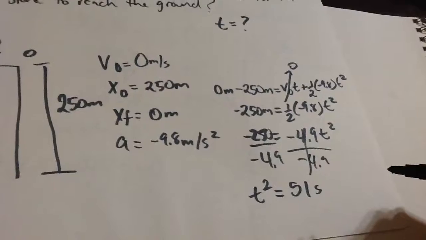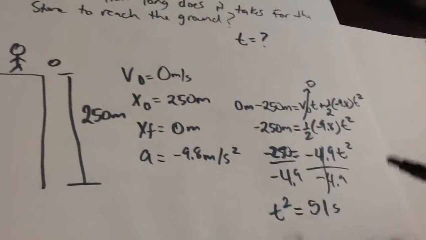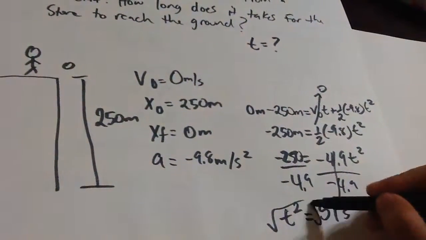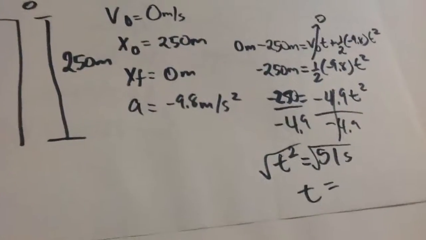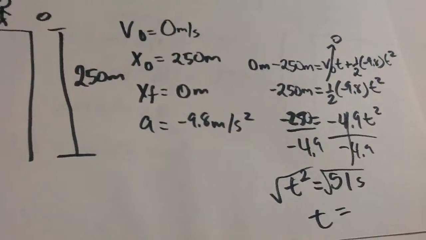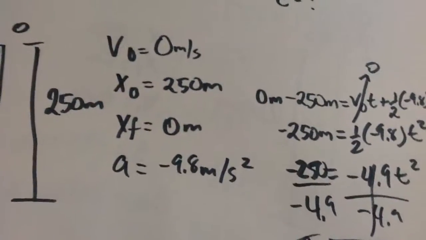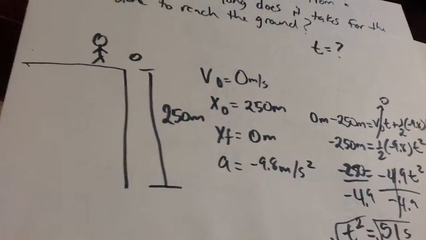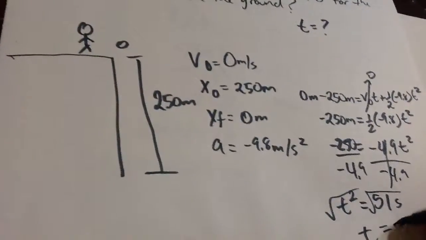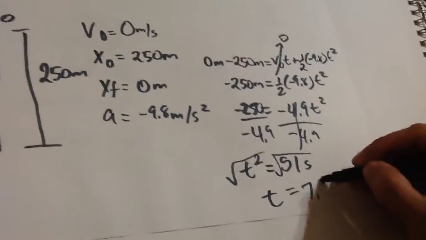From here you have to cancel out the square, so you square root both sides. t is equal to the square root of 51, and the time is 7.1 seconds.